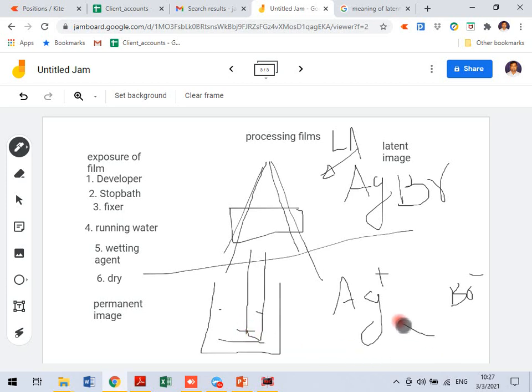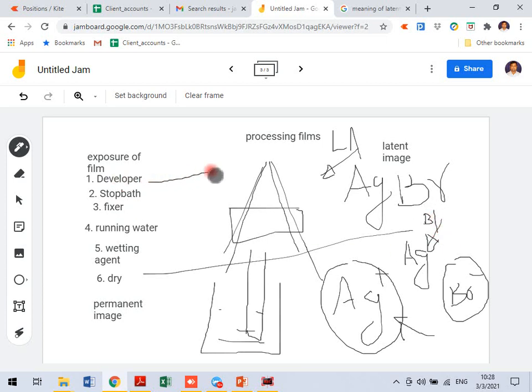So it will hit an electron, and it will become Ag. Plus and minus cancel, so this becomes Ag. And this developer will take the bromine and it will create Ag. This Ag is black. That is why you have black, so you are getting a black image.